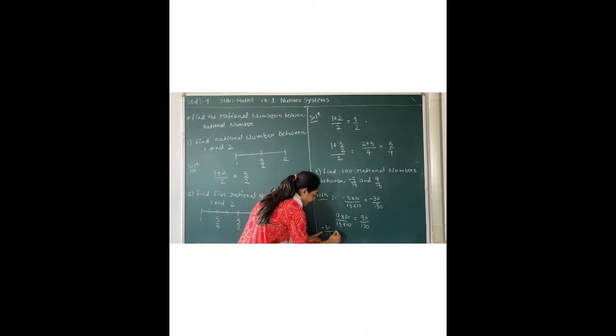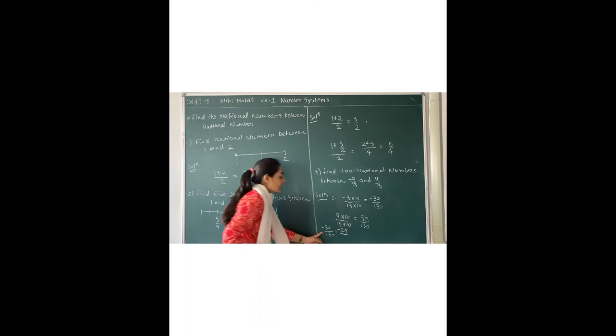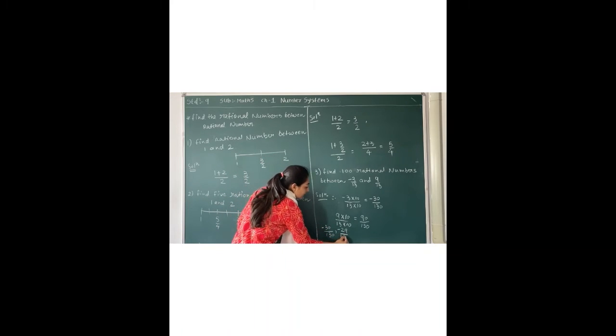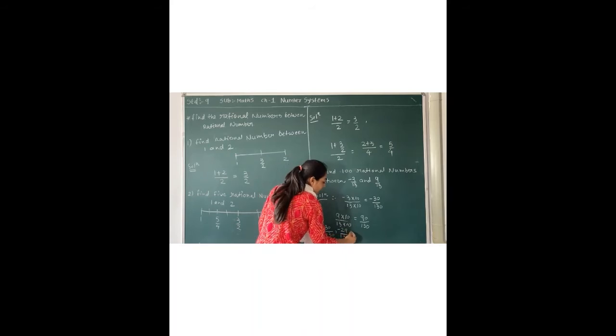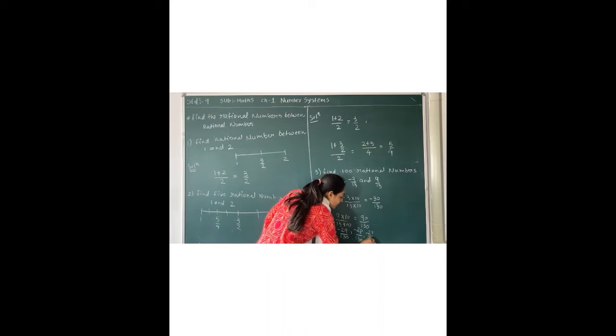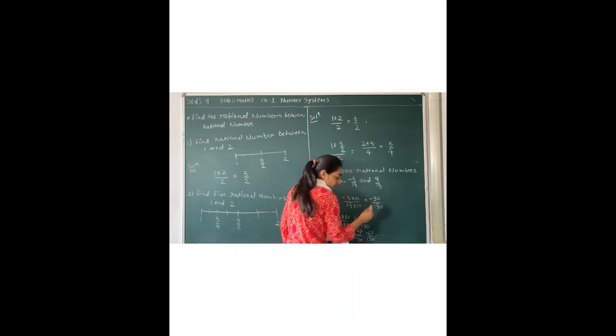Minus 30 is less than minus 29 upon 300, which is less than minus 28 upon 300, minus 27 upon 300, and so on. This way you just go like this.